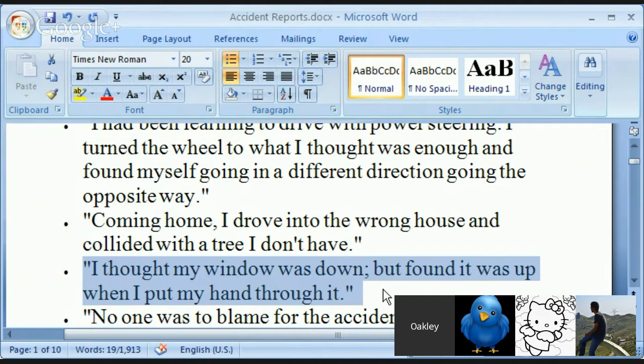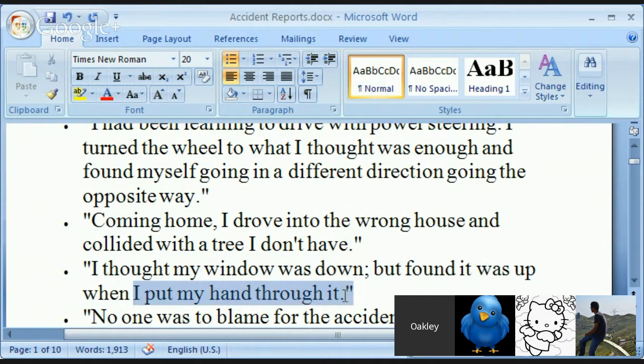He wanted to put his hand out of his car, but it was actually closed, so he hit his hand. He couldn't put it through because it was closed.